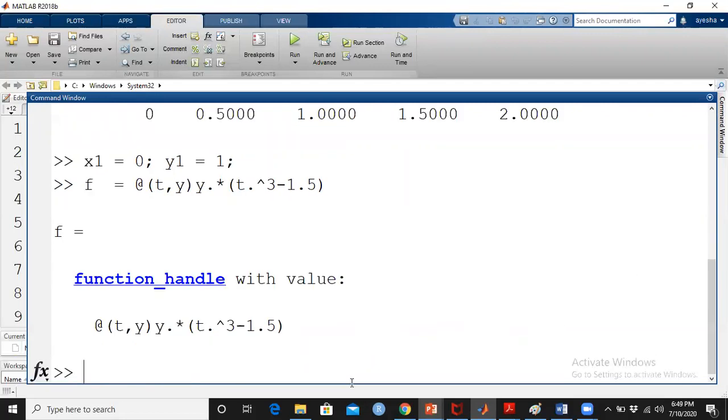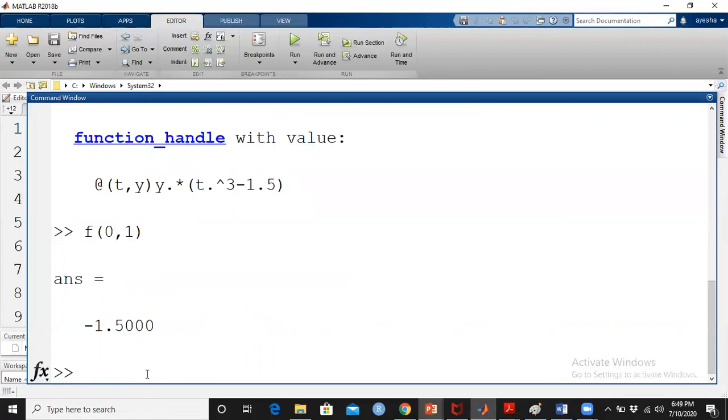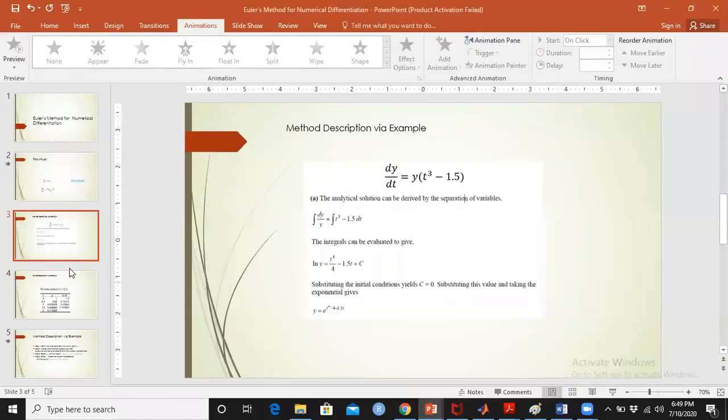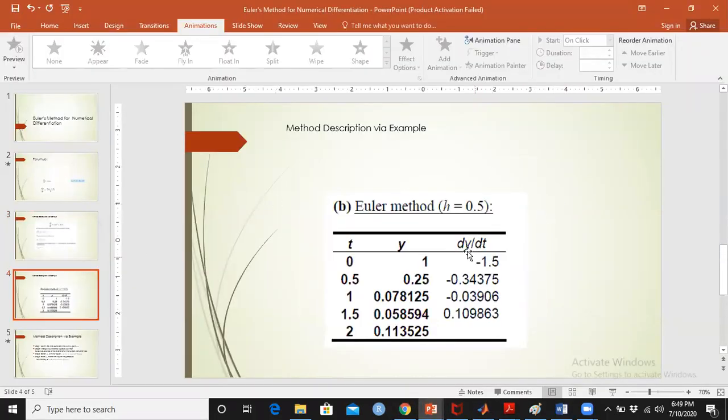I've now corrected it. Now I want f of 0, 1. Here I will put the value of t, here I will put the value of y. Let's hope that it works. The answer is minus 1.5. Here I can see that dy by dt is equal to f of t, y, which is minus 1.5.